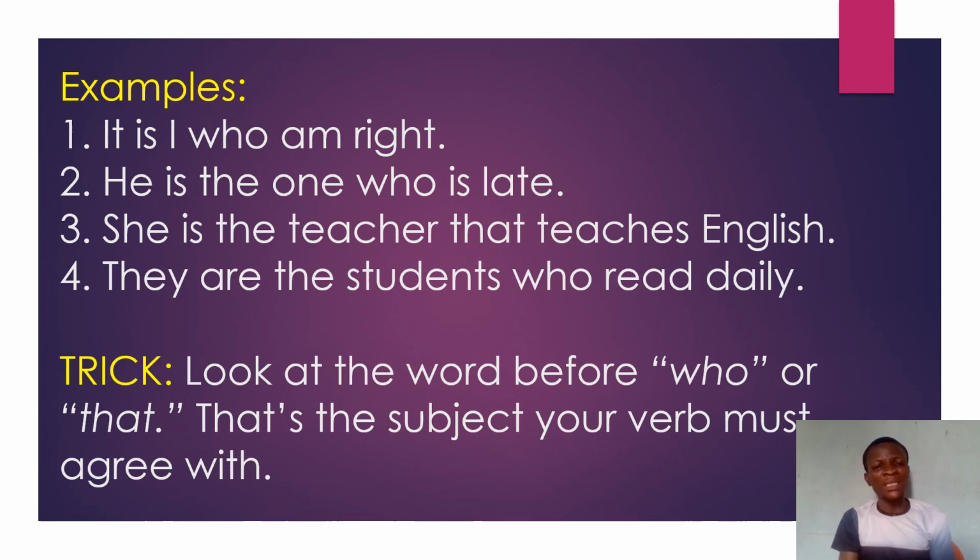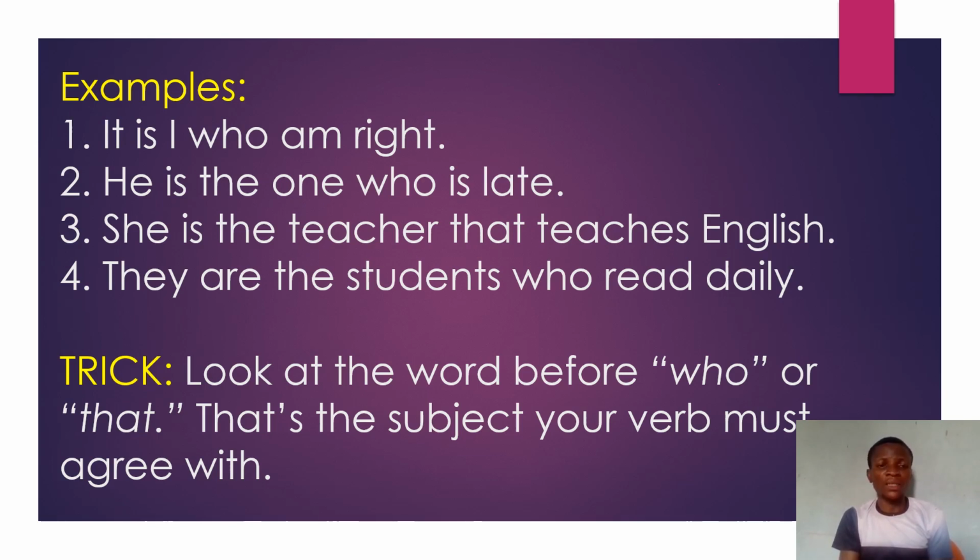Example 3. She is the teacher that teaches English. Teacher is one person, the teacher that teaches English. That agrees with the antecedent. The word that comes before this that is the teacher, which is singular, which attracts a singular verb: that teaches English.